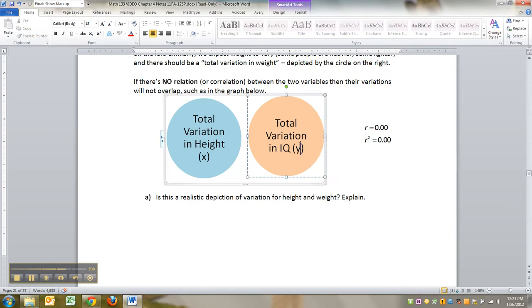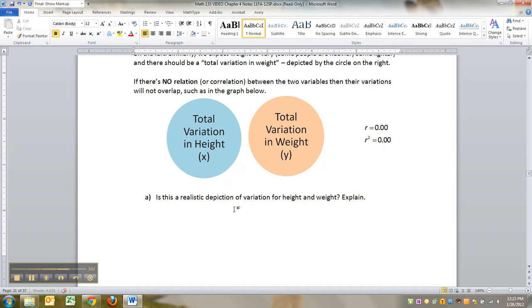All right, so is this a realistic depiction for height and weight? Explain. Let me change this back to weight for a second. Is it really realistic that weight and height have no bearing on each other? And the answer to that, hopefully all of you know, is no, right? Height and weight do go together hand in hand, almost literally, right?